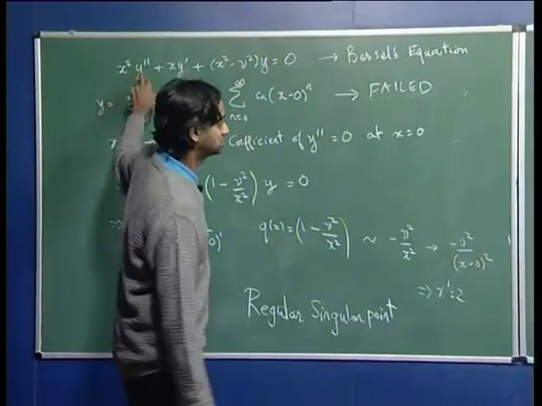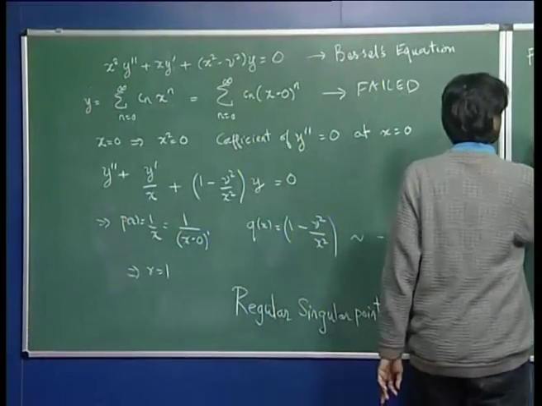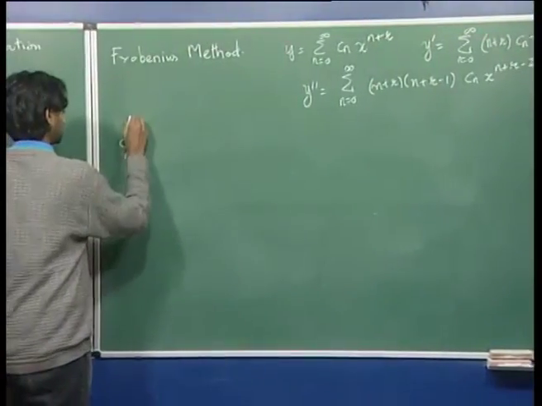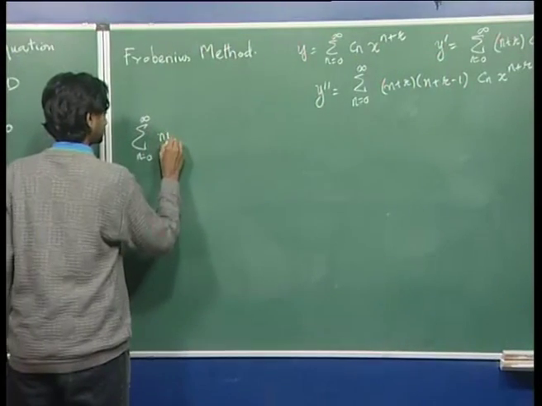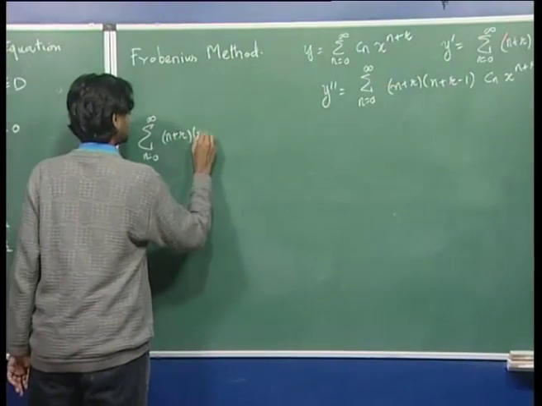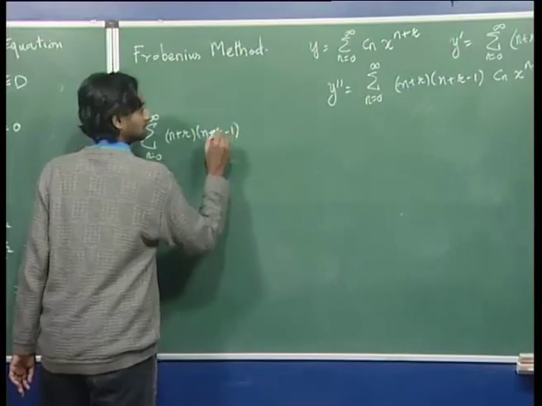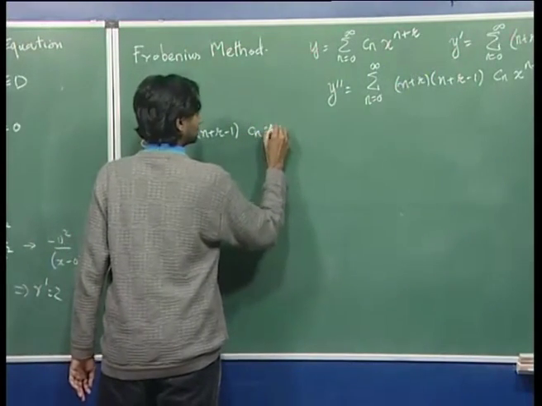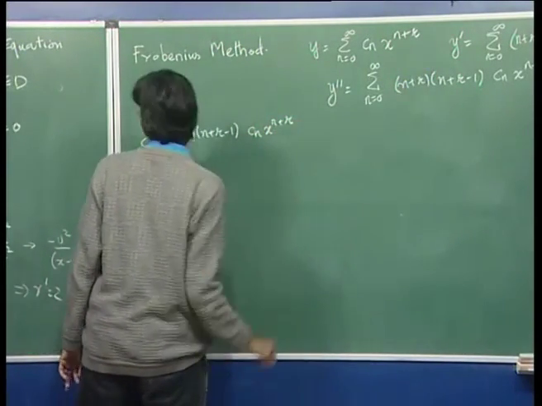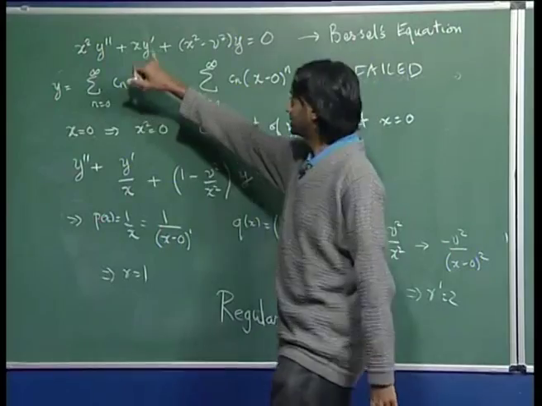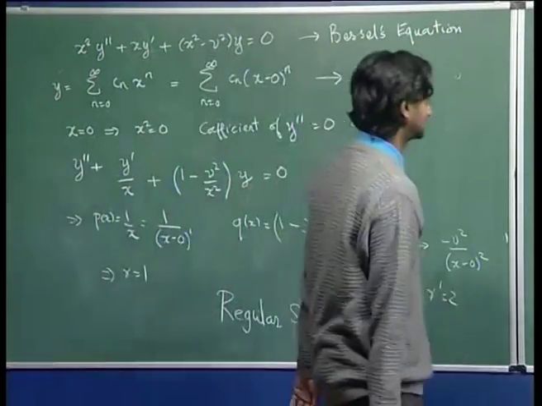When you substitute this in the equation, the first term is the sum over n equal to 0 to infinity of (n plus r)(n plus r minus 1) C n x raised to n plus r. The second term is x times y prime.